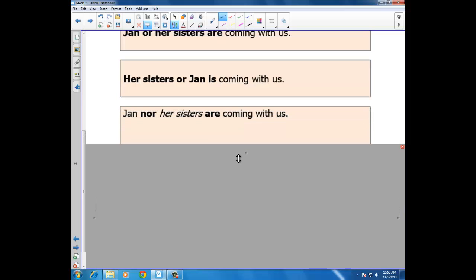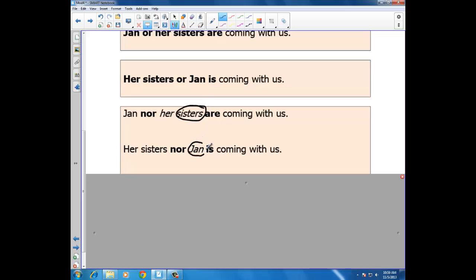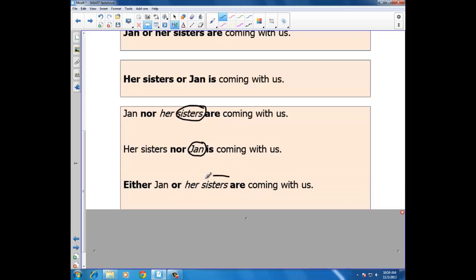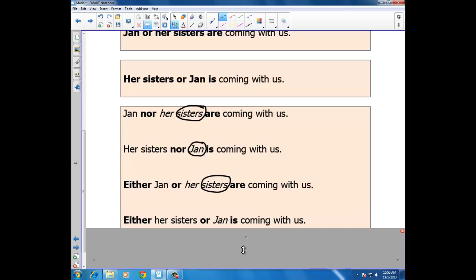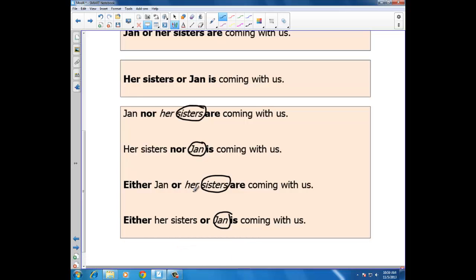The same principle applies to these sentences. Jan nor her sisters are coming with us. Her sisters nor Jan is coming with us. Either Jan or her sisters are coming with us. Neither Jan nor her sisters are coming with us, and neither her sisters nor Jan is coming with us.